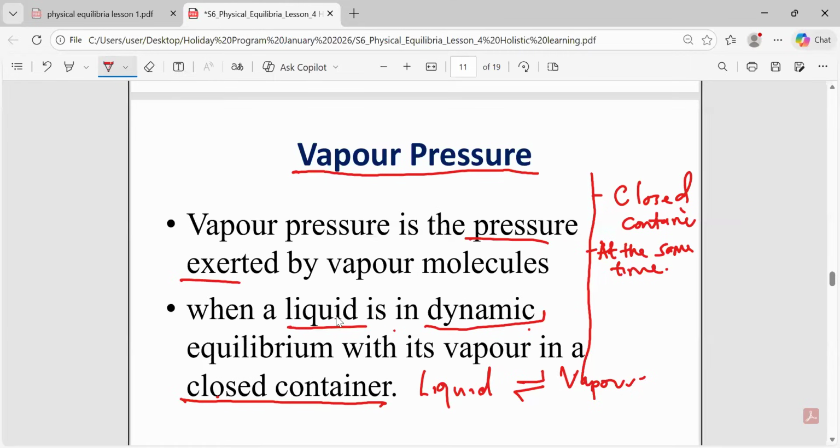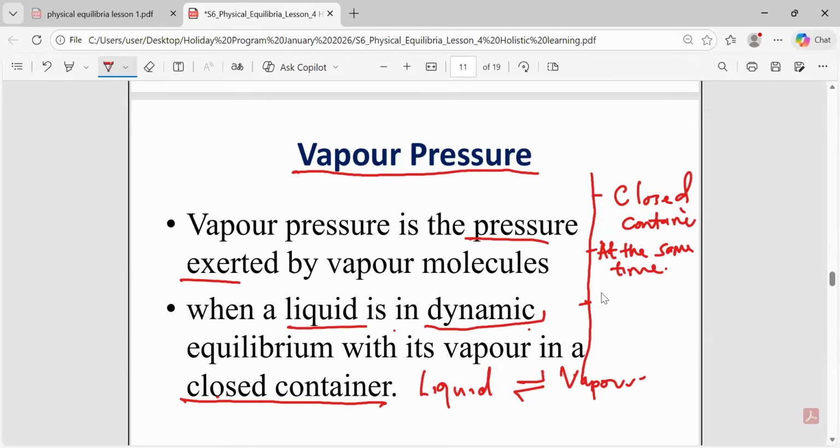Now, when you say at the same time, if it is between a liquid and vapor, meaning the vapor particles return to the liquid at the same time as the liquid is going back to vapor. So that's condensation taking place and evaporation. So what does it mean? It means that the rate of evaporation is equal to the rate of condensation, and the dynamic equilibrium is established.